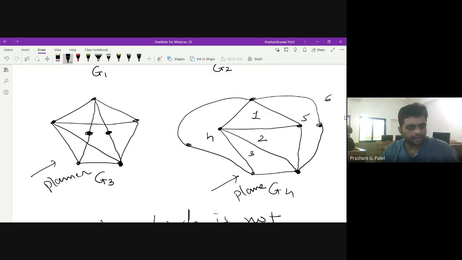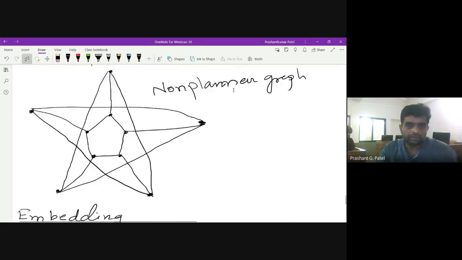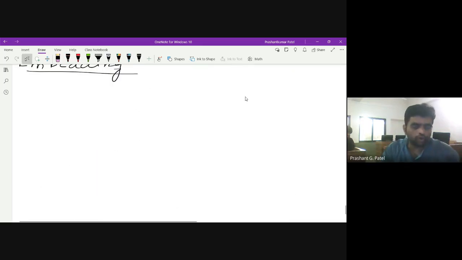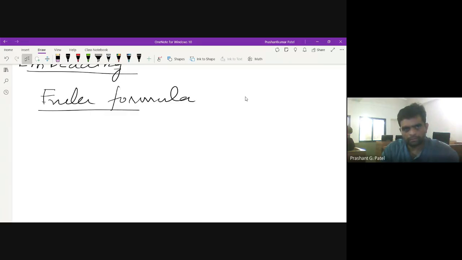And there is a very interesting formula, known as Euler's formula.